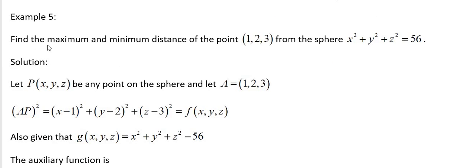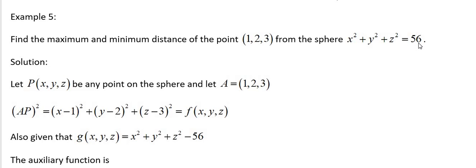Example 5. Find the minimum and maximum distance of the point (1, 2, 3) from the sphere x square plus y square plus z square equal to 56. Here observe the equation of the sphere. All of you know a sphere is a three-dimensional figure.